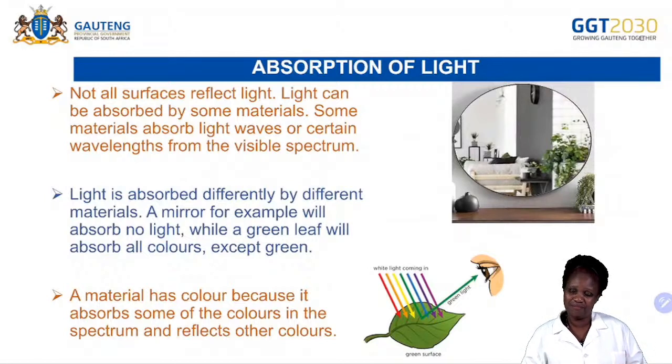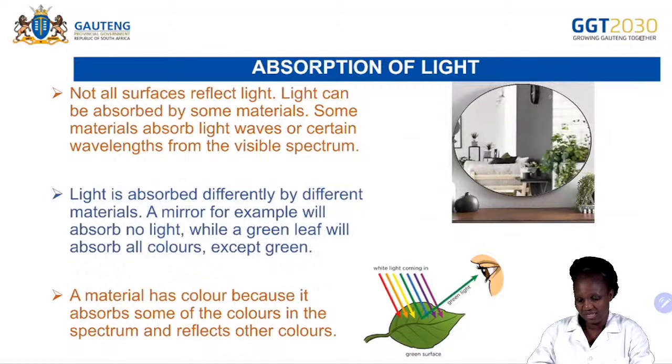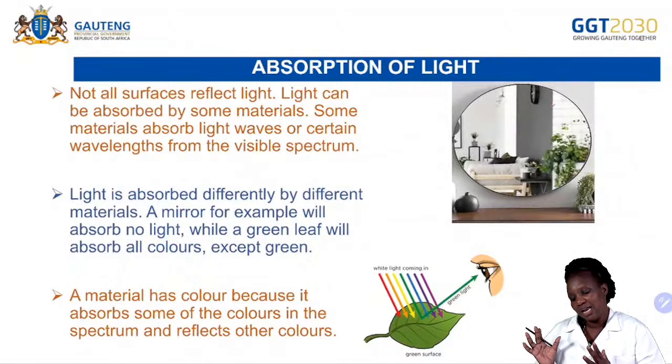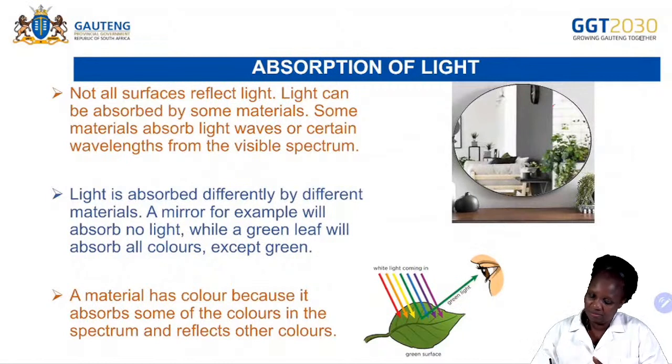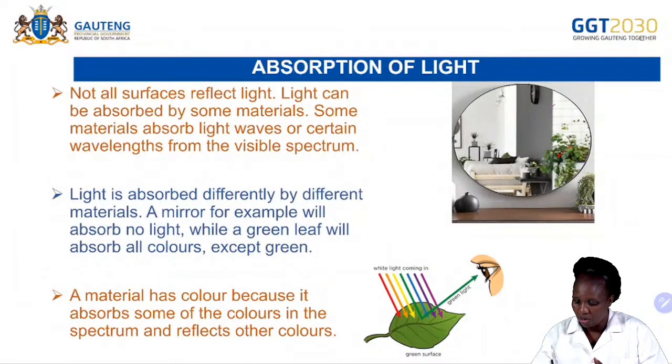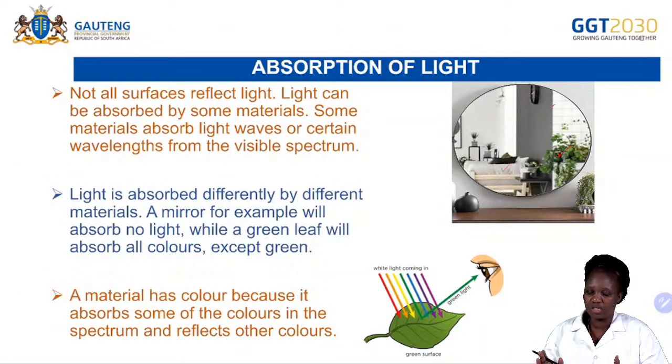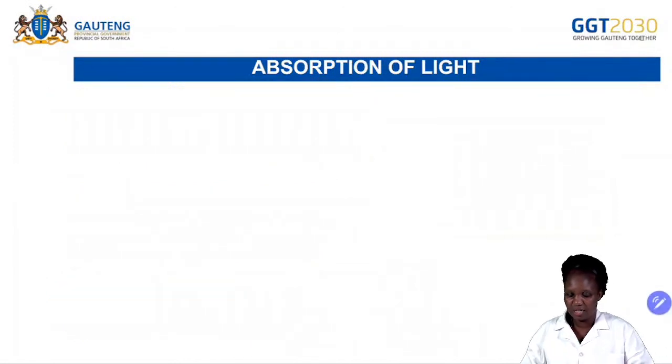Are we together? Let's look at the mirror. This is the mirror here. You will see all those plants that are being reflected here and all the furniture that is there. You can see it because it has got a what? A smooth surface. All right, let's move on.